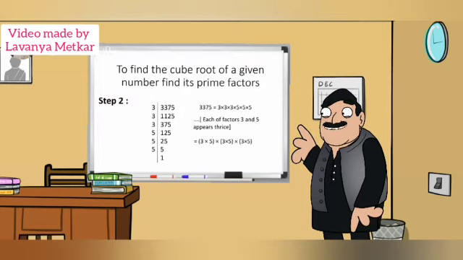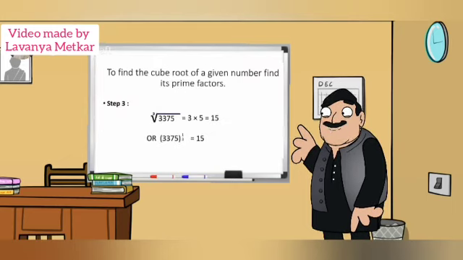The second step is to write all the factors by putting a multiplication sign in between, and then see how many times each number appears. Your 3 is appearing 3 times and 5 is also appearing 3 times. So they are forming a group of 3, so we can use each only one time. This means if any number comes in a group, we consider it as 1.